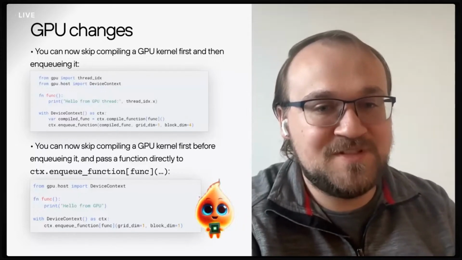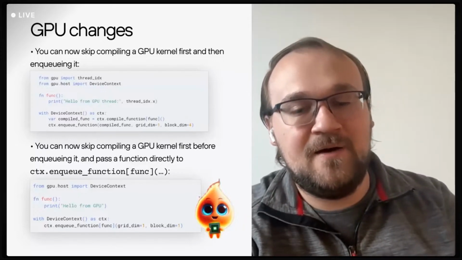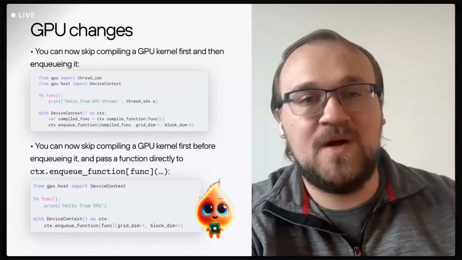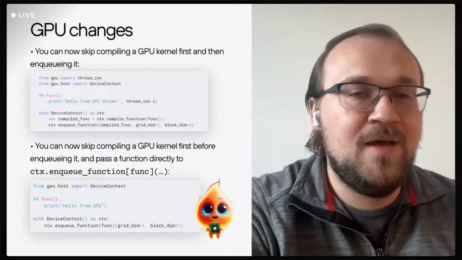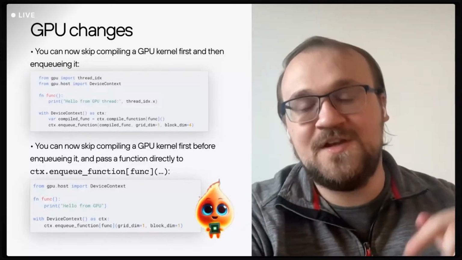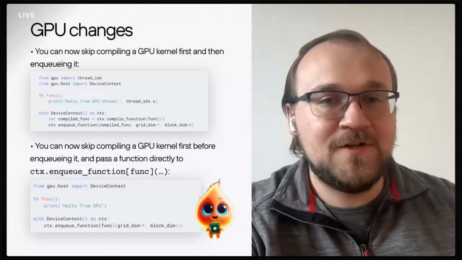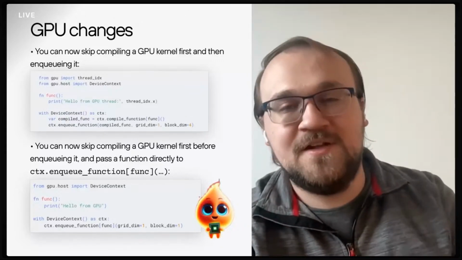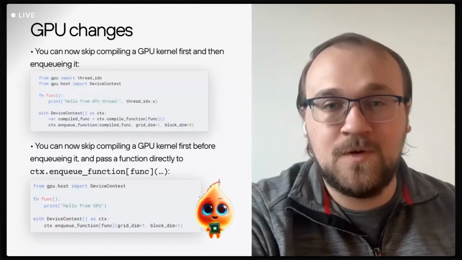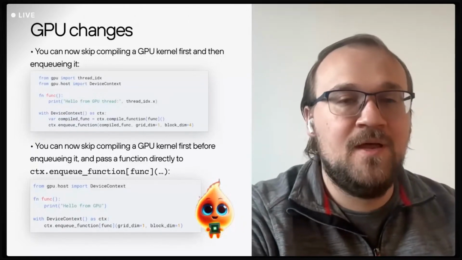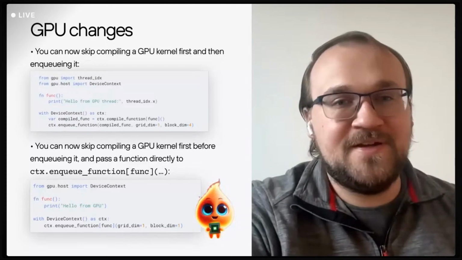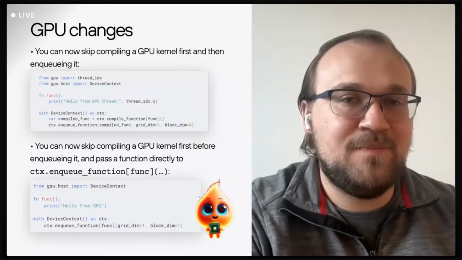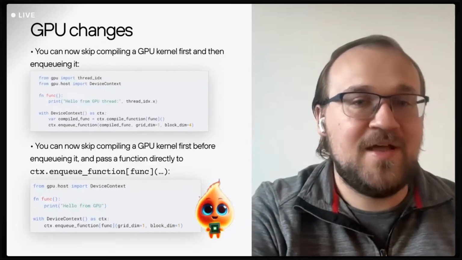So this change specifically is that previously, if you had a kernel function written in Mojo, a function that you're running on the GPU device, you had to, in a two-stage process, compile that function to native code for the accelerator you're targeting, and then schedule that function to run on the GPU. Now we've just combined those APIs together because it was often redundant to require you to specify both things as separate steps.